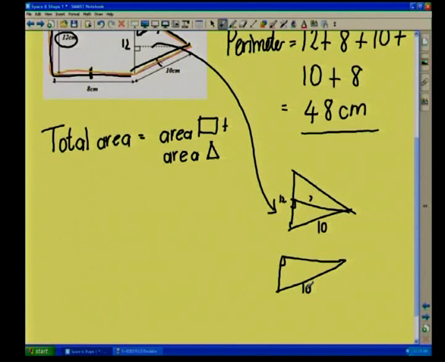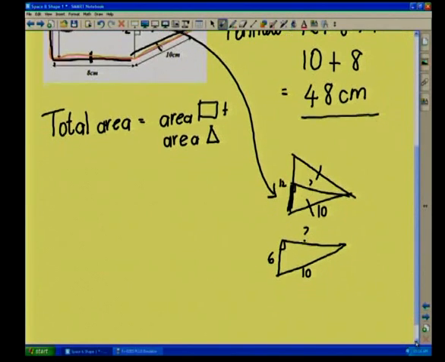And this is 10. This is half of this 12, so this is going to be 6, and I know that because this is an isosceles triangle and those two sides are equal. We're going to have to work out what this is, and we're going to be using Pythagoras to help us because it is a right angle triangle.